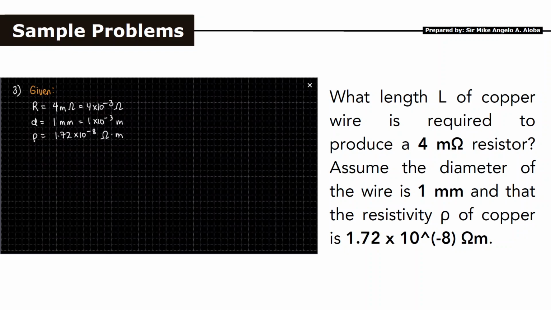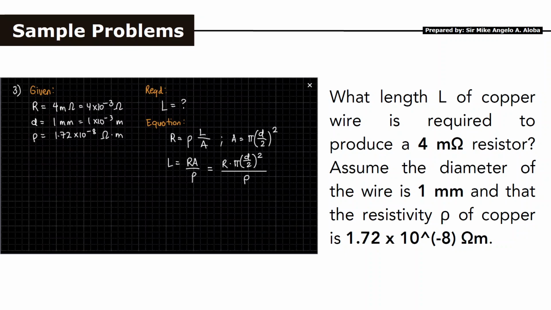So Greek letter rho, which symbolizes the resistivity of the copper, is equal to 1.72 times 10 raised to negative 8 ohm meter. So what we are looking for is the length of the copper wire to produce a 4 milliohm resistor.